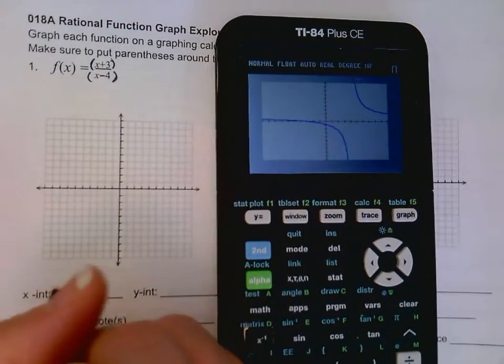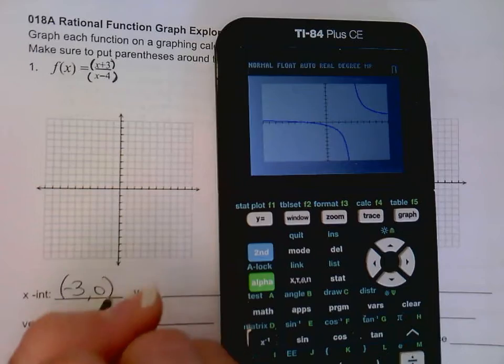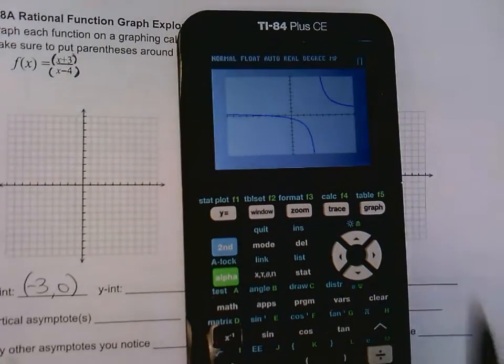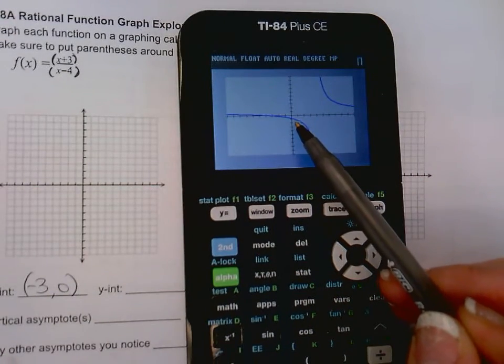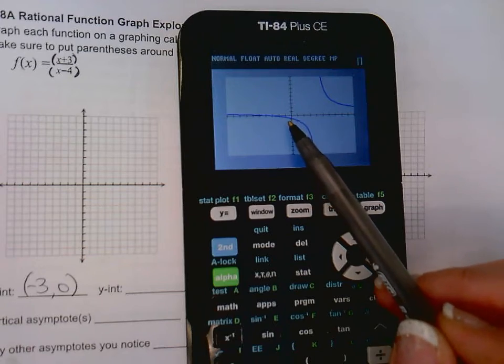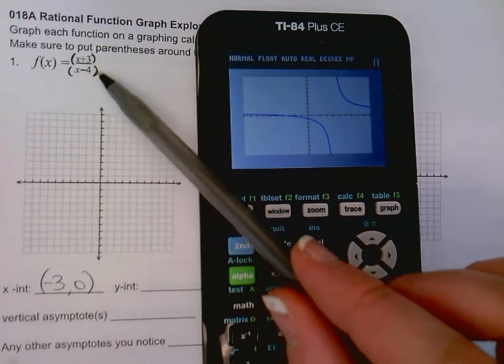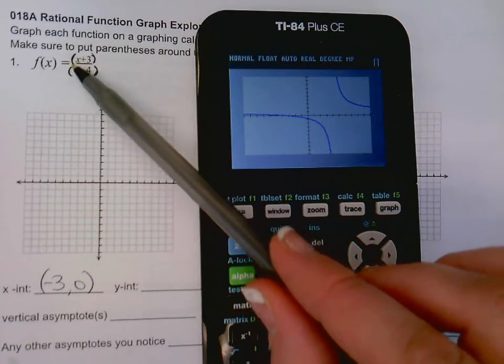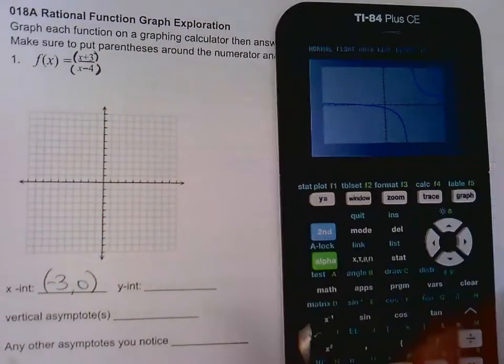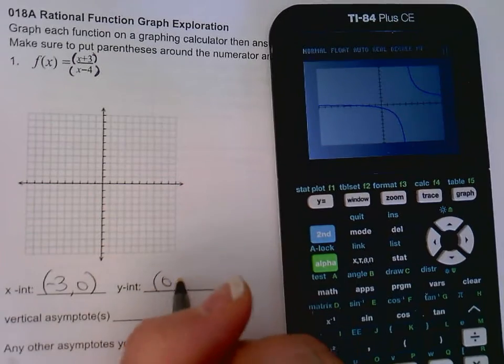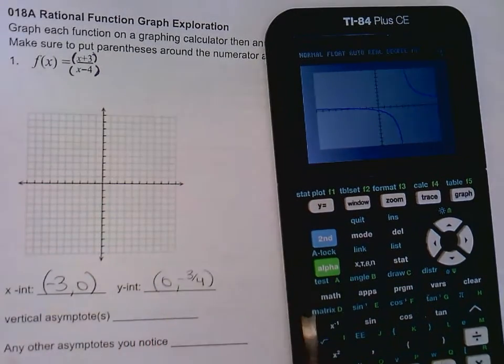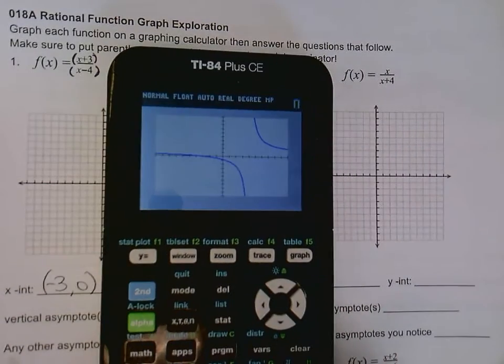But (-3, 0) is the x-intercept. Now I know that my y-intercept is somewhere down here on the y-axis. Some of you who've done work with rational functions already know how to find the y-intercept. Plug in 0 for x and you'll get -3/4. So (0, -3/4) is the y-intercept.